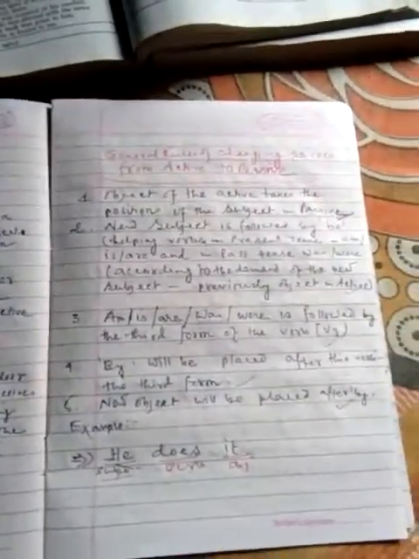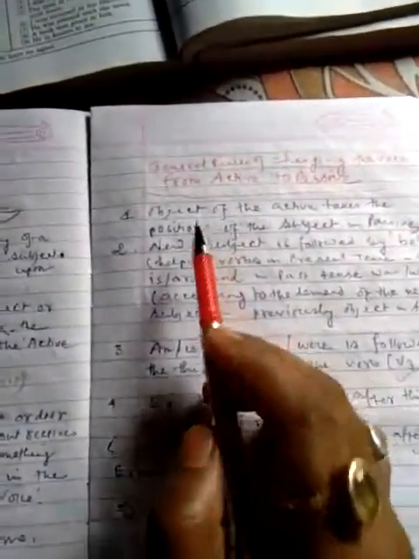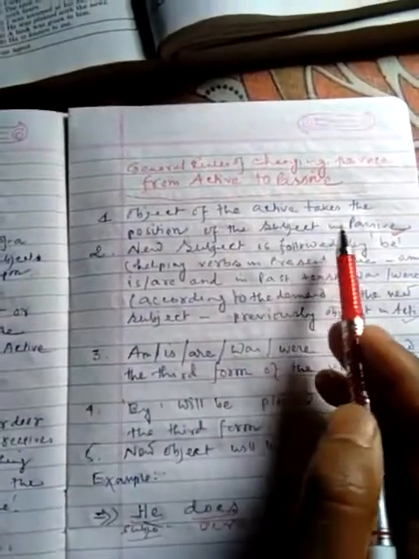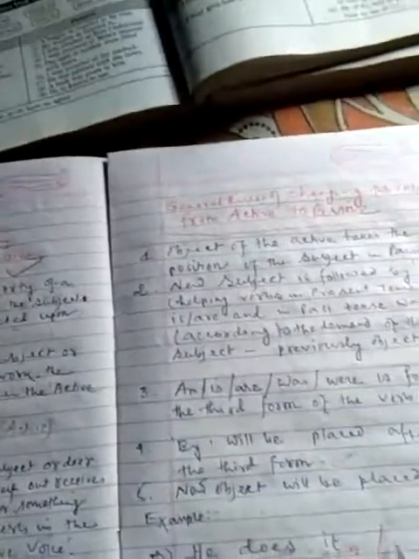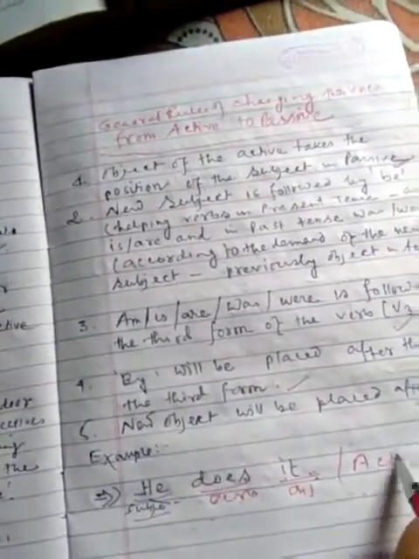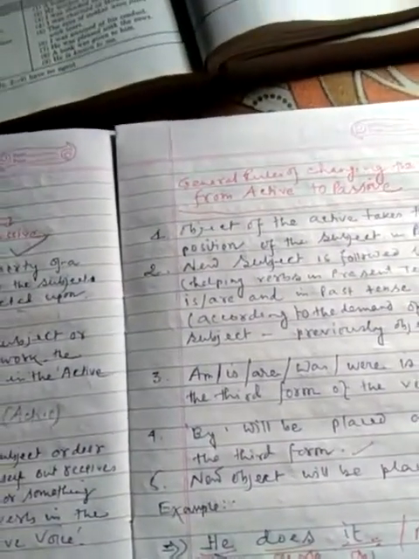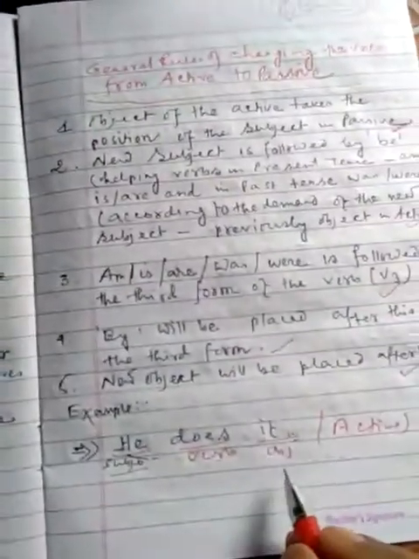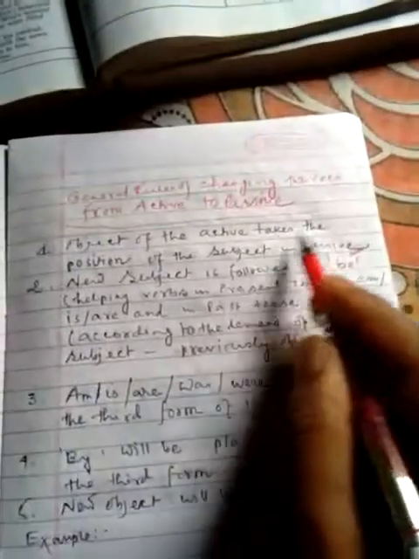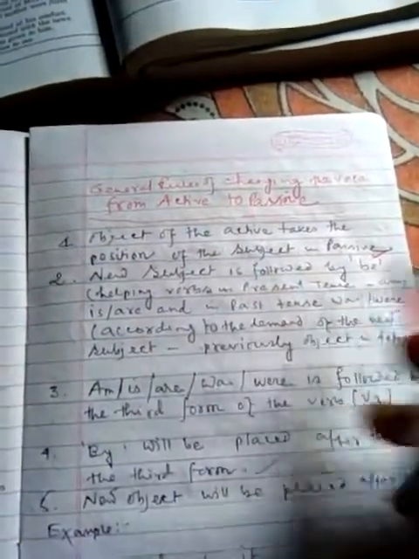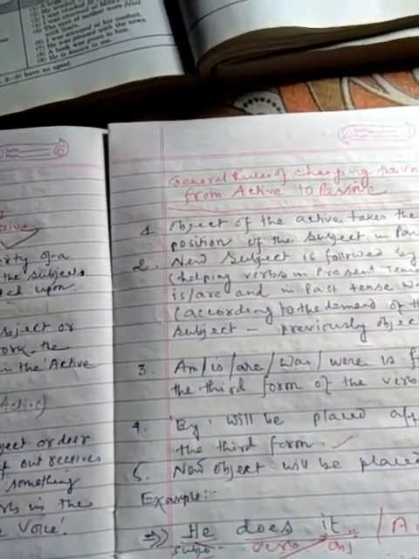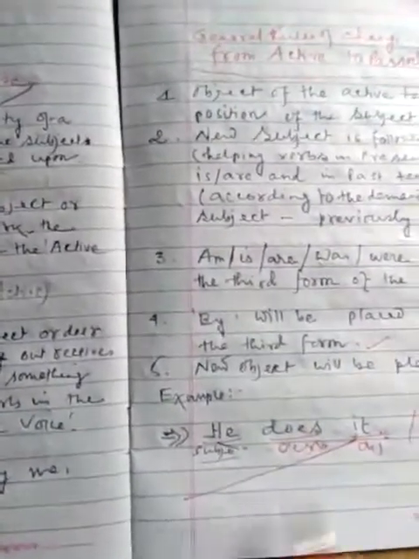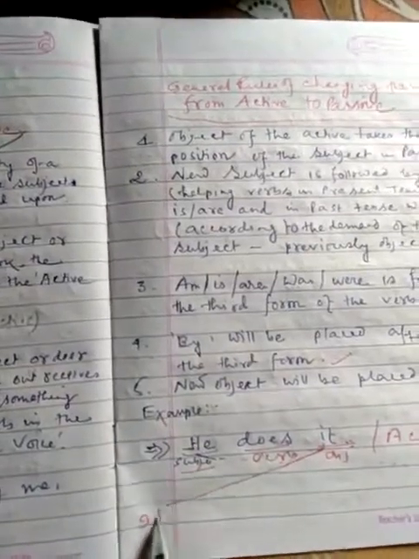So the first rule is that the object of the active takes the position of the subject in the passive. Suppose it is active voice, and now we are going to change the sentence into passive. First, the object of the active takes the position of subject in passive. So this is object and it will take the position of subject in passive, so it will be written here.